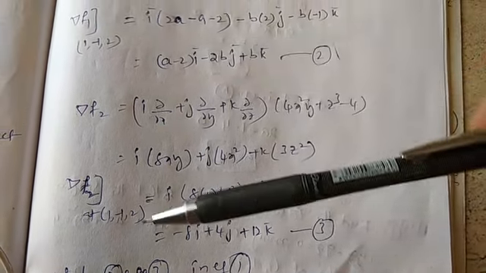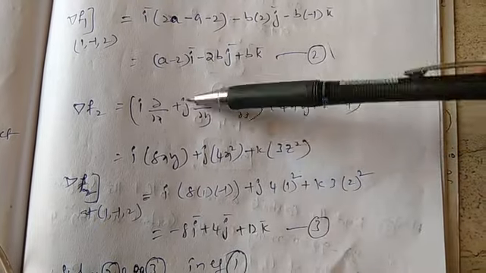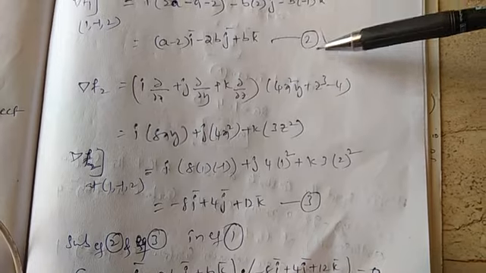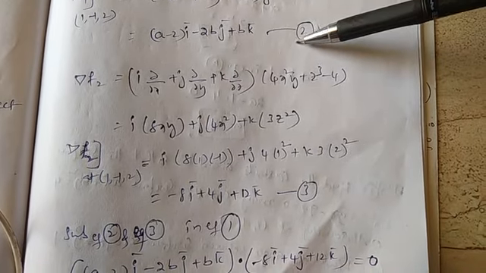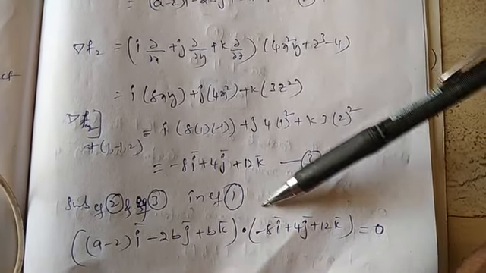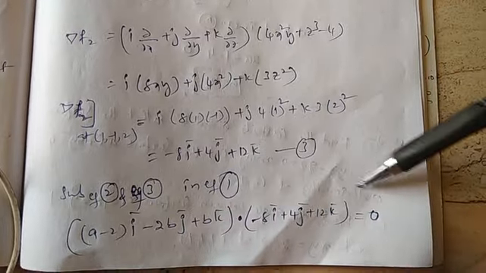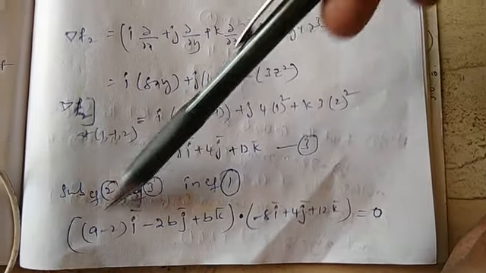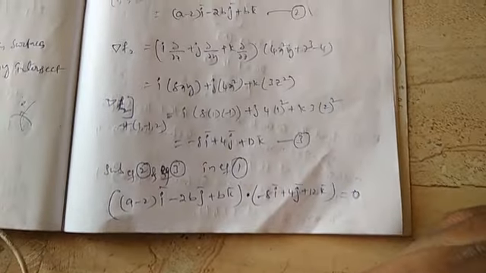Now del f1 dot del f2: this dot product becomes 0. Now using equations 2 and 3 in equation number 1, that is, the dot product is 0. Dot product: a minus 2 into minus 8. Now apply the dot product.